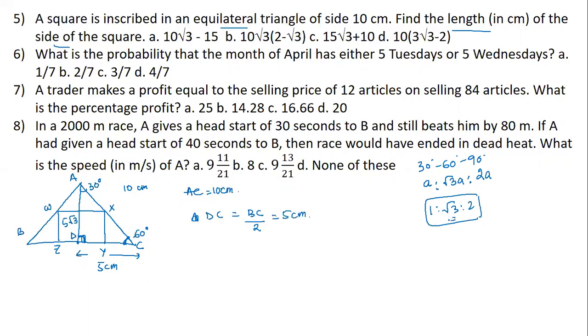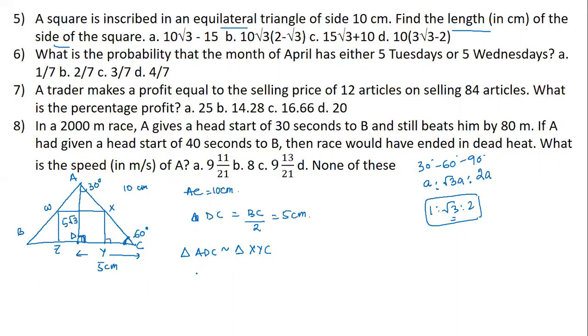This is something that you have figured out. Now, how will you find the side of the square? I can say that triangle ADC is similar to triangle XYC because angle C is common in both, and you have 90 degree over here, and this is also 90 degree.